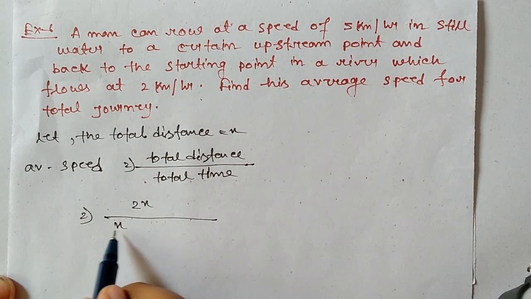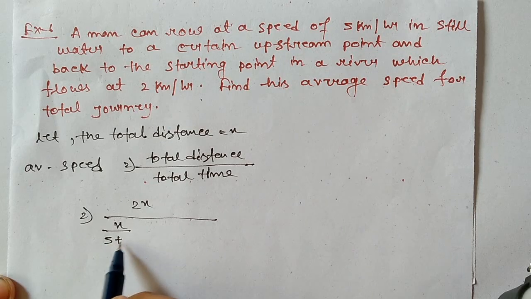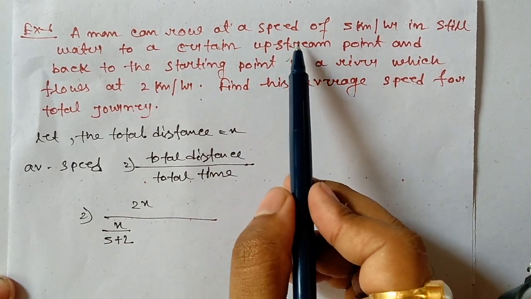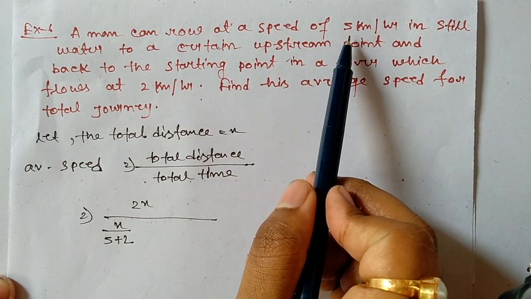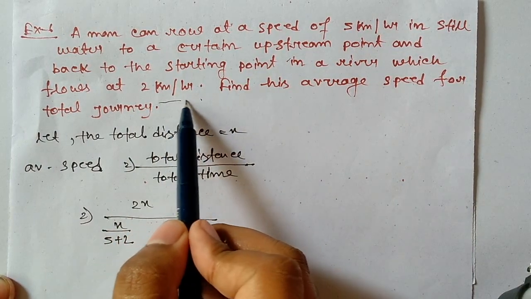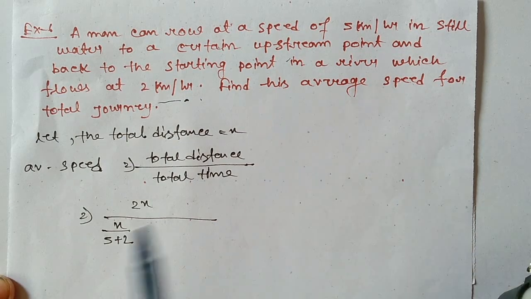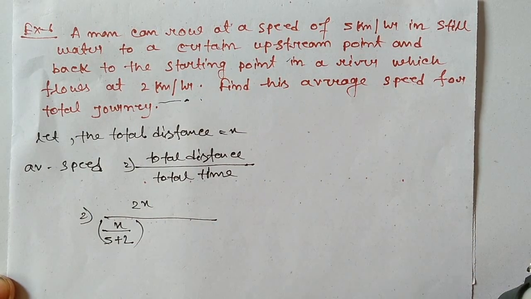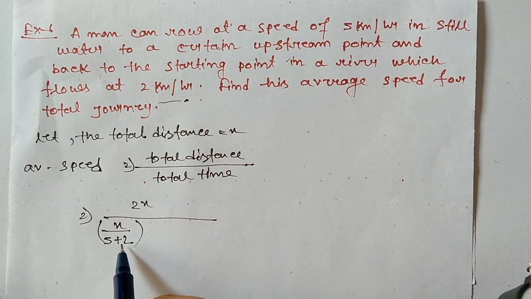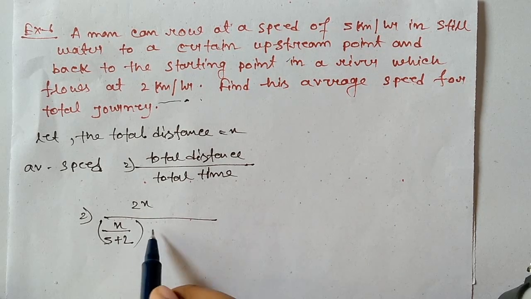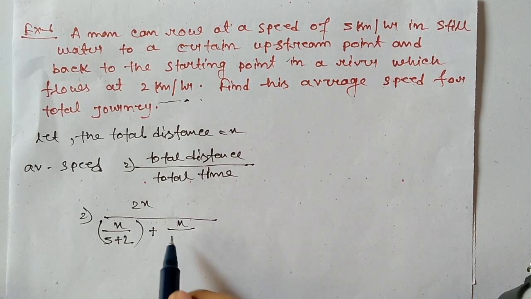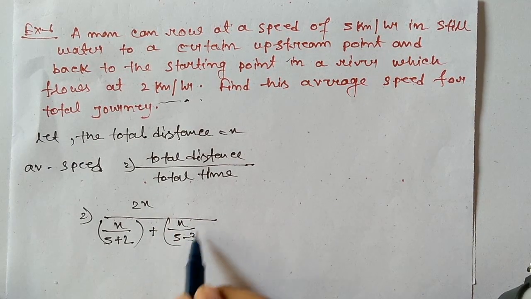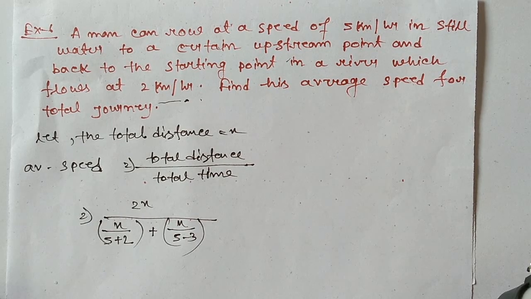The speed of the man is 5 kilometer per hour and the speed of the stream is 2 kilometer per hour. At the downstream speed, 5 plus 2, the time is x by 7, when the man goes downstream, and the other is the upstream speed, 5 minus 2, so x by 3.